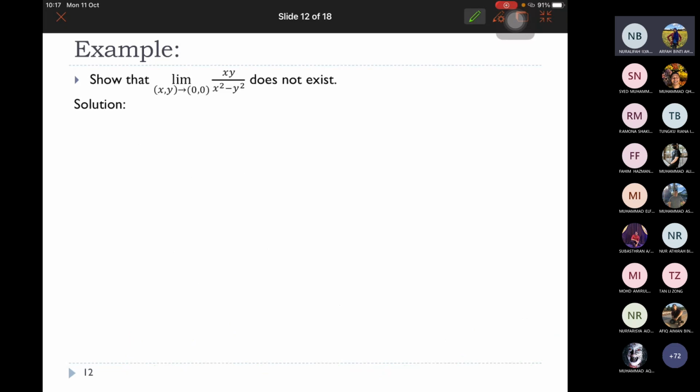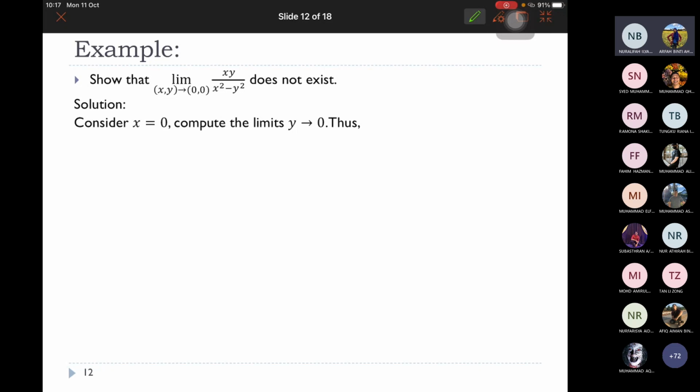So, show that the limit of xy divided by x squared minus y squared, as x, y approaches 0, does not exist. So macam mana kita nak tunjukkan yang ini does not exist? So the solution, first consider x equal to 0, compute the limits of y approaches 0. Okay.